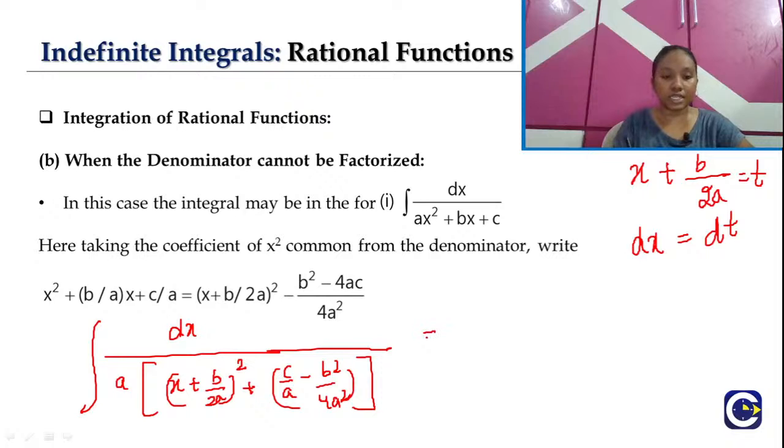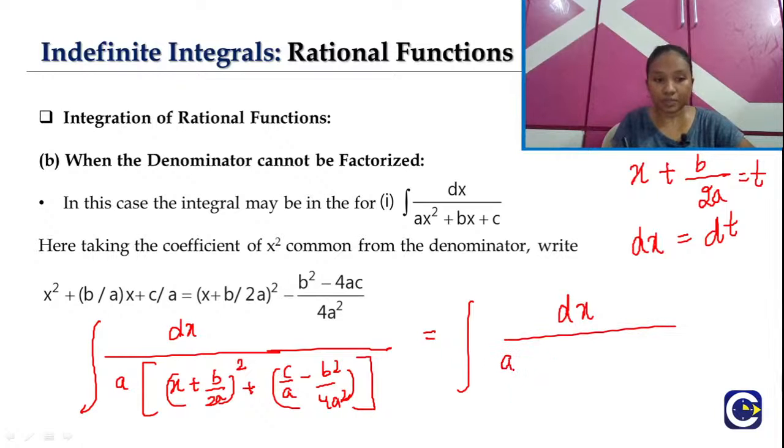So now my integration term will turn out to be dx by a, which will remain as is, and x plus b by 2a will be t square. Yes or no? So here plus, if I have assumed this to be a k, that means my c by a minus b square by 4a square, as it's a constant, I am going to assume it to be k.